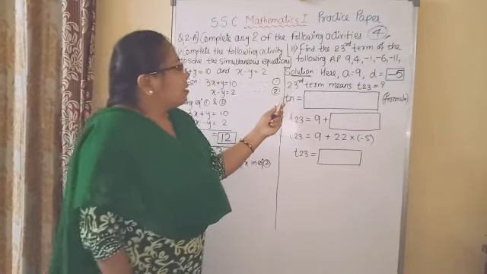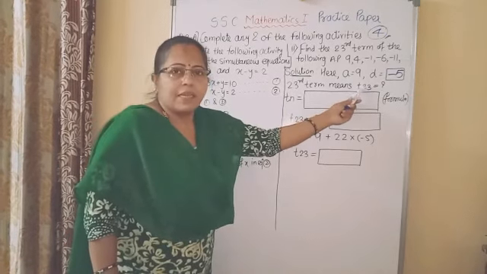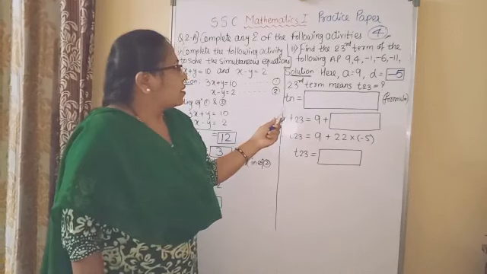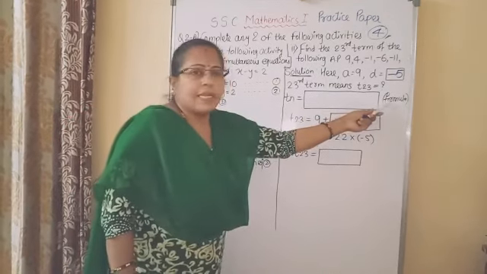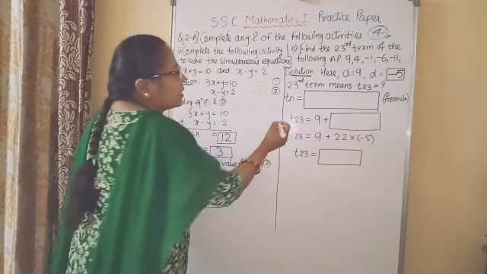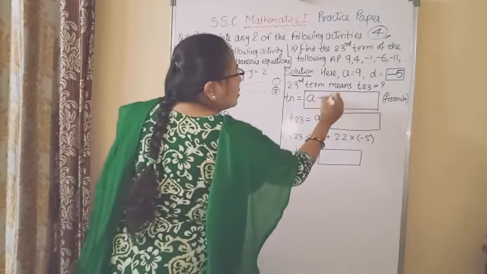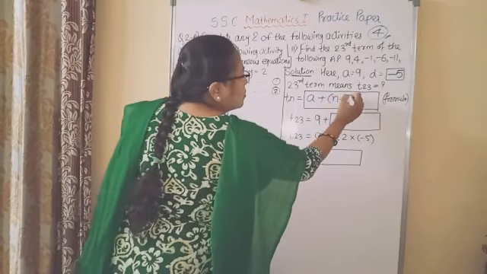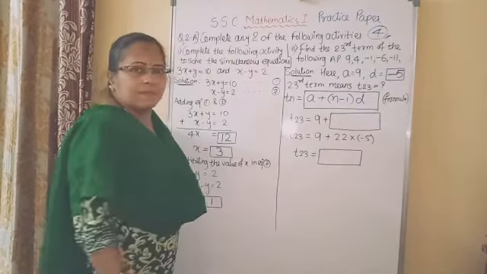Okay. Then 23rd term means we have to find t23. Next step. tn is equal to box. You have to complete the formula. So formula for nth term is tn is equal to a plus bracket n minus 1 bracket close into d.